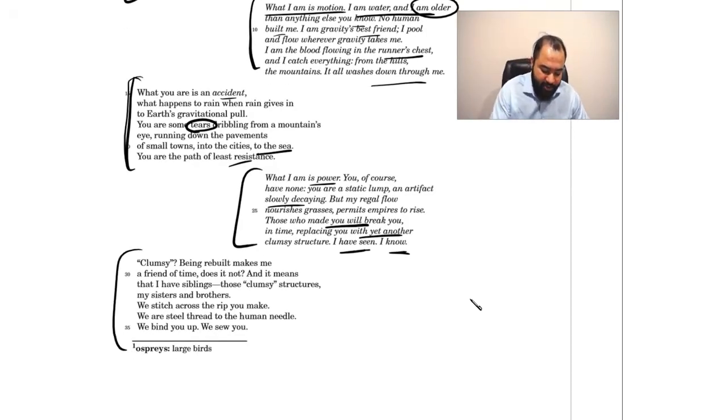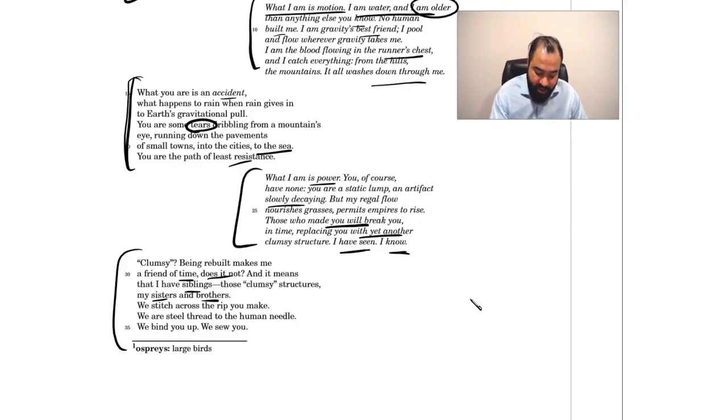Let's see what concrete says. "Clumsy, being rebuilt, makes me a friend of time." So how does it not? He's trying to say if it gets rebuilt, it will be there forever. "I have siblings, the clumsy structures, my sisters and brothers." So when it gets rebuilt, it looks at them as brothers and sisters.